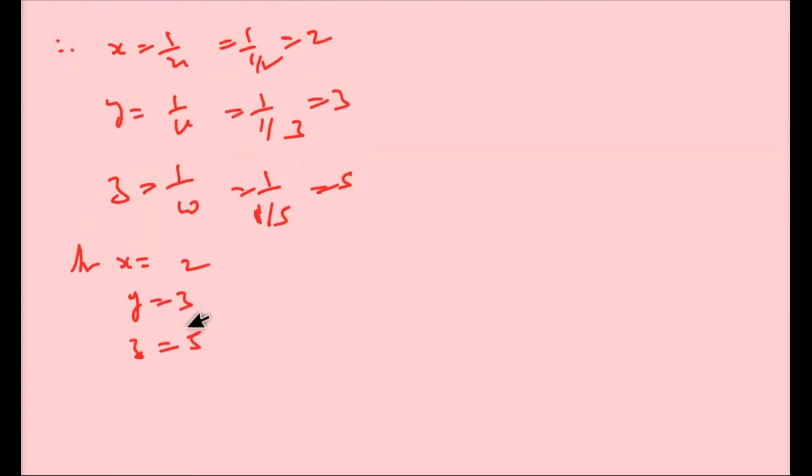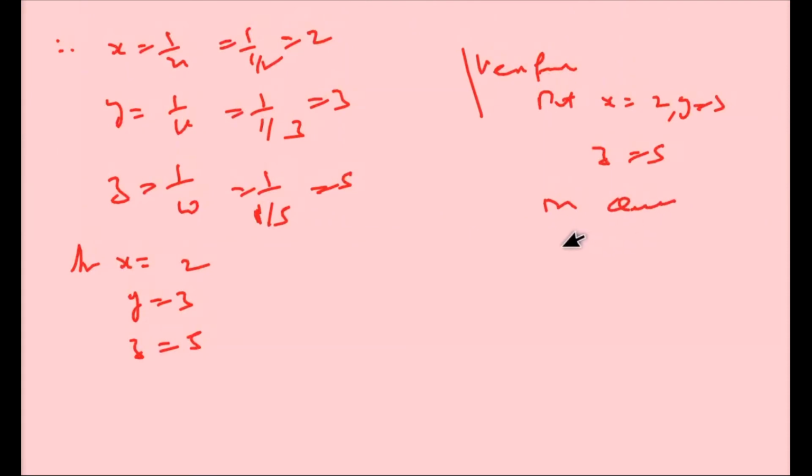If you want to check whether your answer is right, you can verify it. Put x equal to 2, y equal to 3, z equal to 5 in the equations, and if LHS equals RHS, then it is verified.